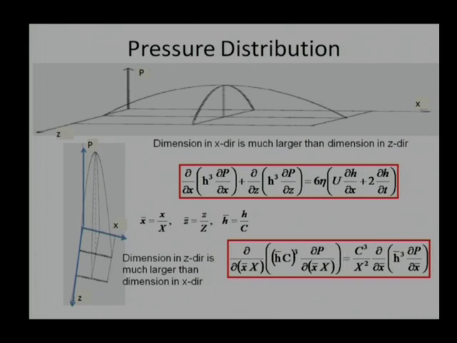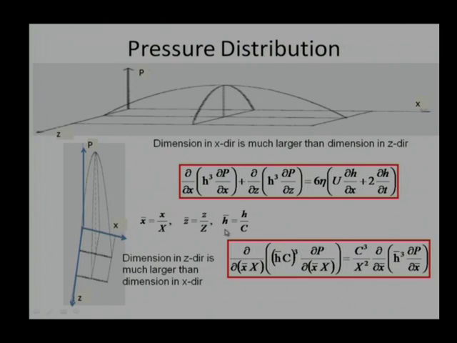To understand this in a better manner, let us non-dimensionalize. What is the reason for non-dimensionalization? We take the maximum value of x, the maximum dimension in x direction, as capital X. That means x will vary from 0 to maximum X, or the x bar value will vary from 0 to 1.